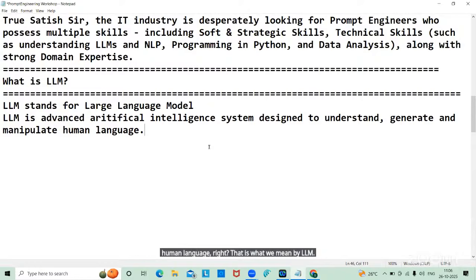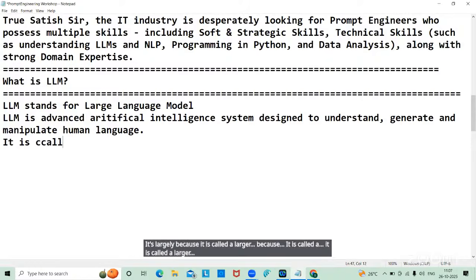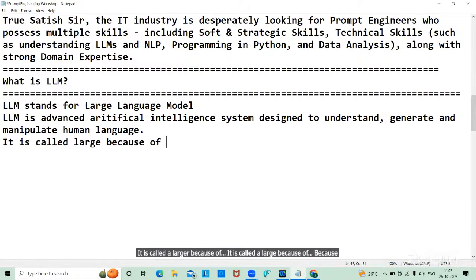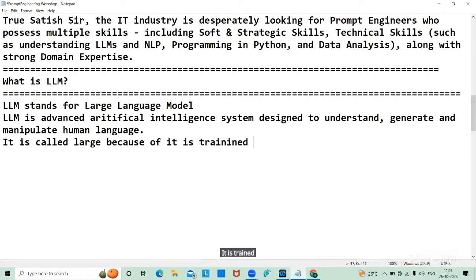Why it is called as LLM, large? It is called large because it is trained on large or massive data.